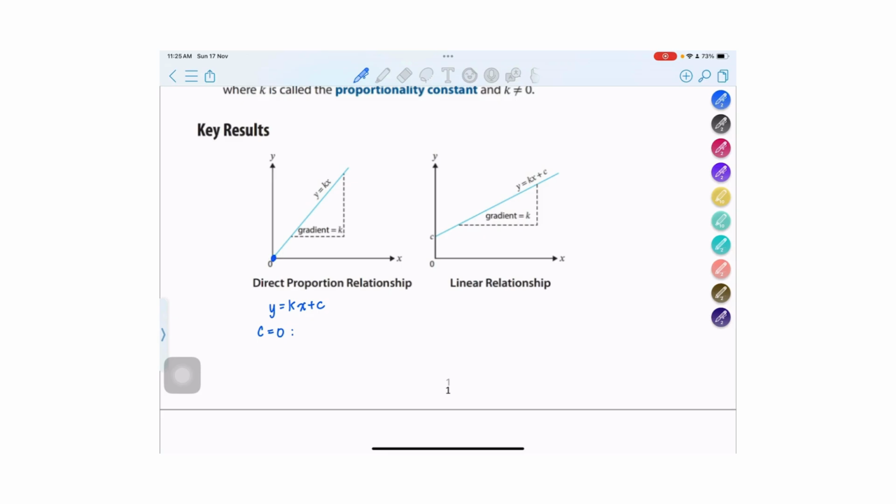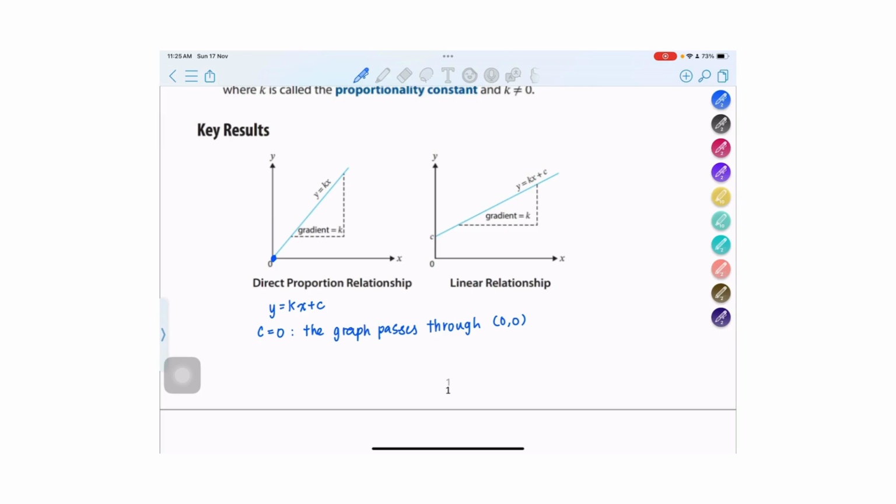We call this a direct proportion relationship.